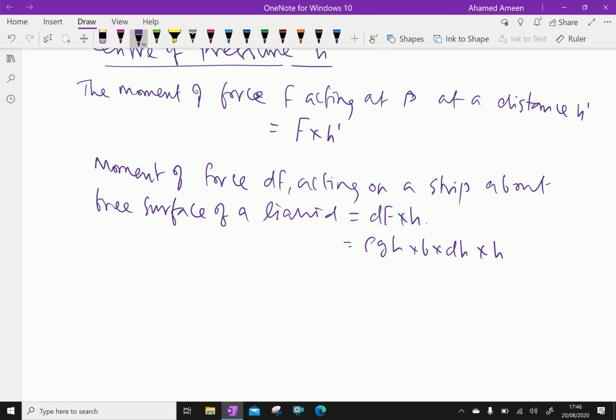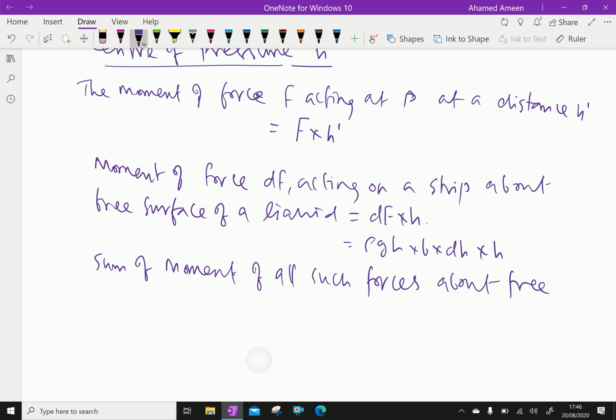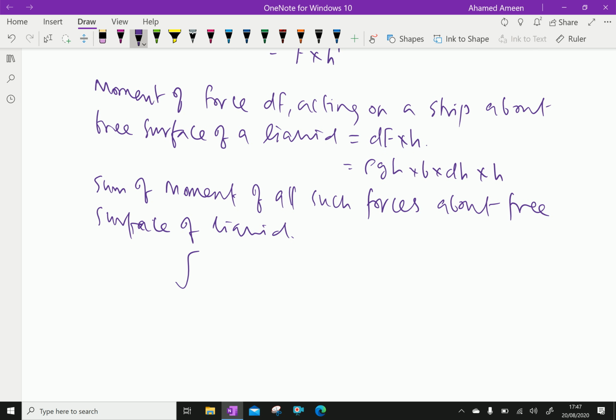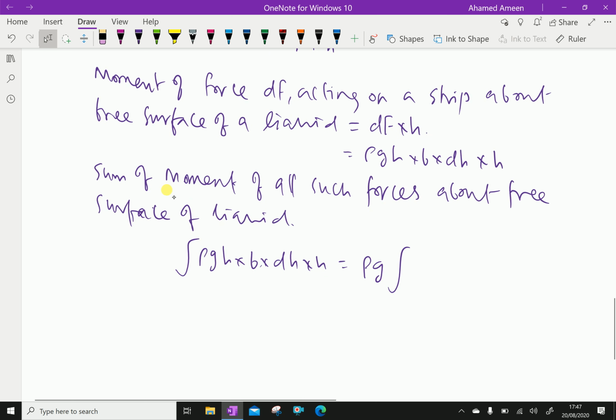Now, therefore, the sum of moments of all such forces about the free surface of liquid is integrating the above expression, rho g h into b dh into h, which is equal to rho g, a constant, integral b h into h dh.